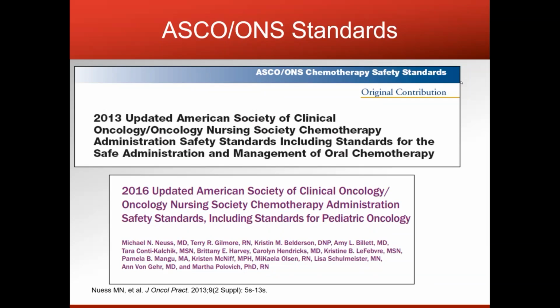Since then, we've seen a couple of other iterations of these standards, and internally, we've relied on these to compare our internal processes against, to ensure that we are most safely utilizing our oral oncolytic agents.